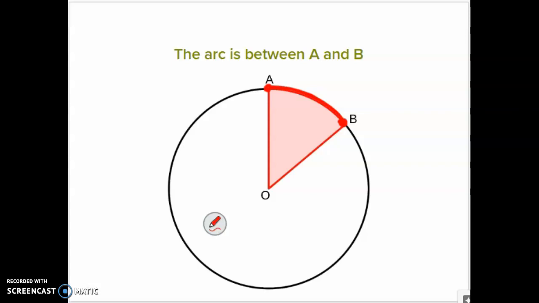So this is an arc. Probably shouldn't have used red because that is red. So this is an arc here, between A and B. Now arcs can be very complicated. We're going to talk about labeling and things like that coming up in a minute.